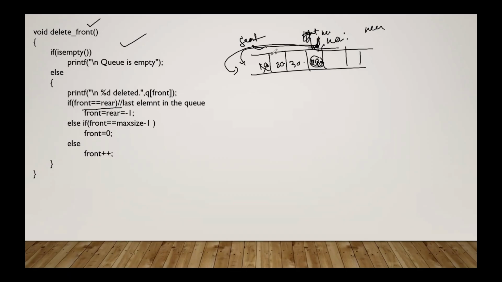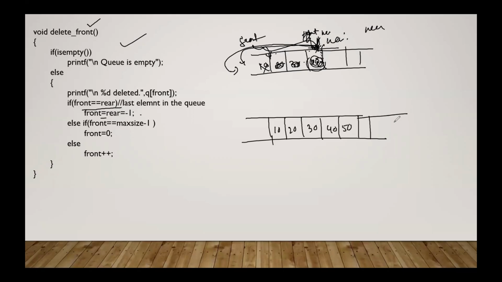After that, the deletion is done, so the front points to this, and after that deletion, finally this position is stored. After this, there is no element. So if there is no element, the front as well as the rear should be made minus 1. Another case, for example, this is the data present: 10, 20, 30, 40, 50, and so on.